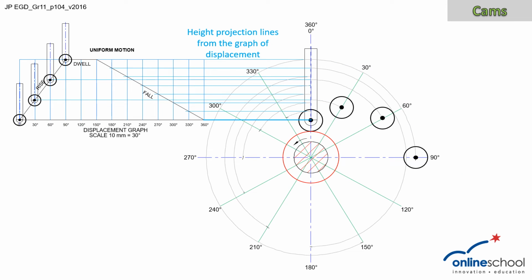Let's take the same graph of displacement example, but replace the wedge-ended follower with a roller-ended follower. As you can see here, the center point of our roller-ended follower is aligned with the base of our graph of displacement and vice versa.